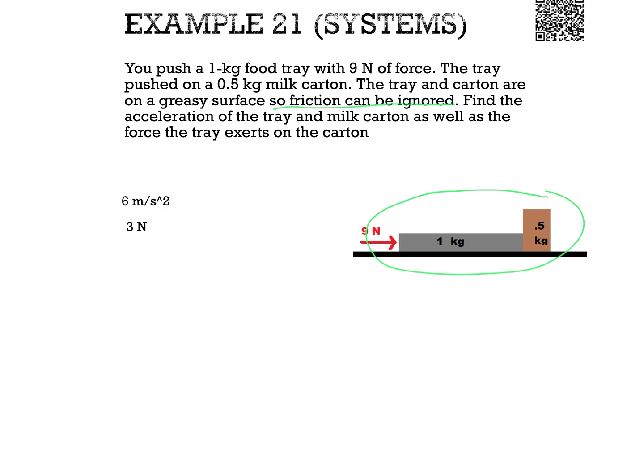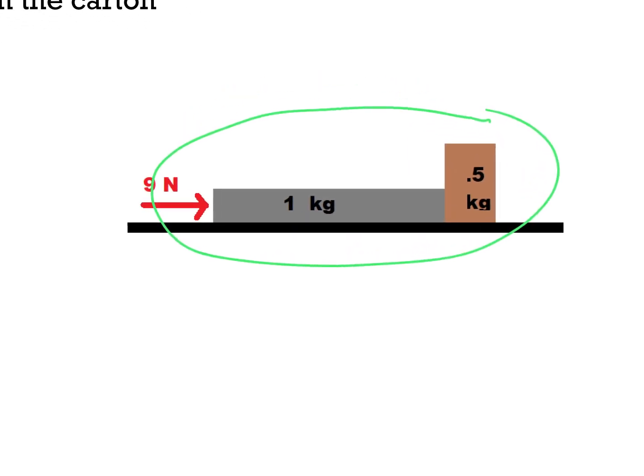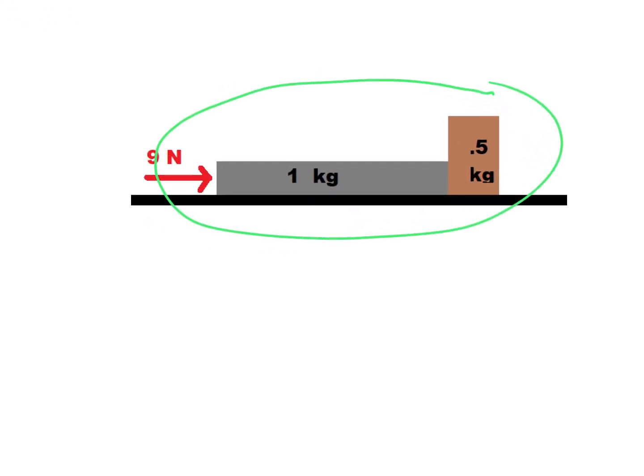Well, let's look. If I'm looking at this guy right here, if we do the free body diagram, we've got force of gravity of 1 downwards, force normal of 1 upwards.